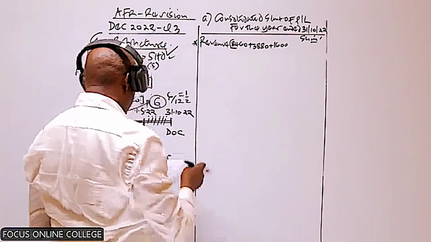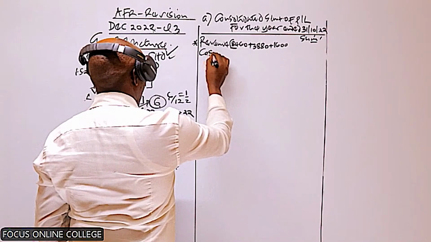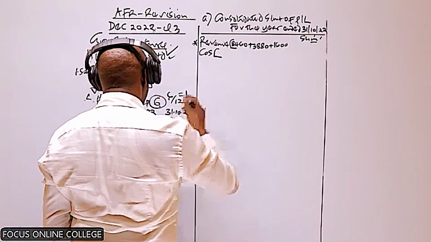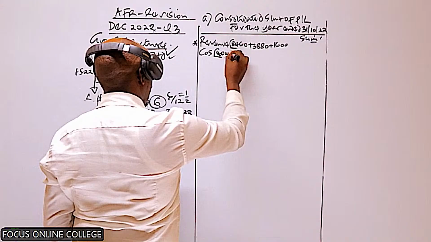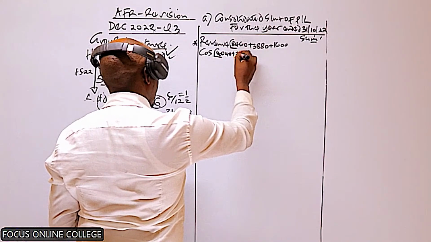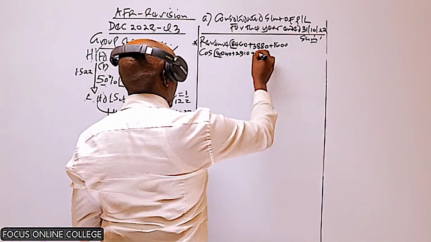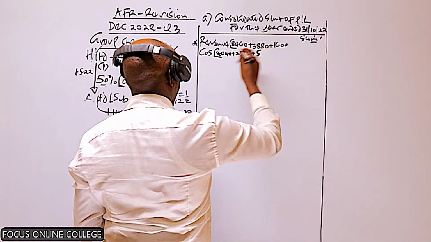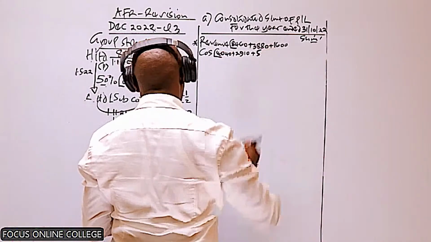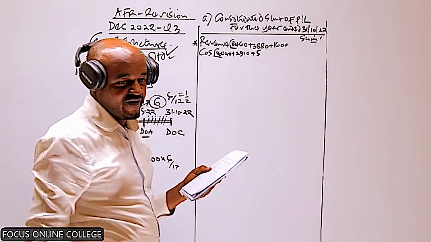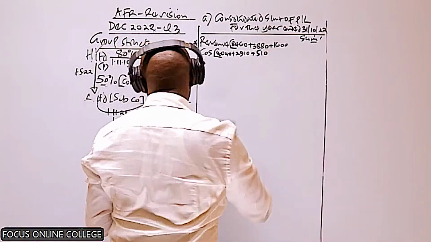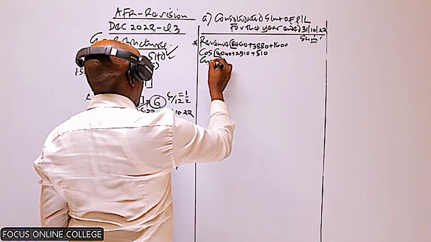From there, we take the cost of sales, and we do the same: 4040 plus 2910 plus half that of L, which will be 510. From there, we will get the gross profit.